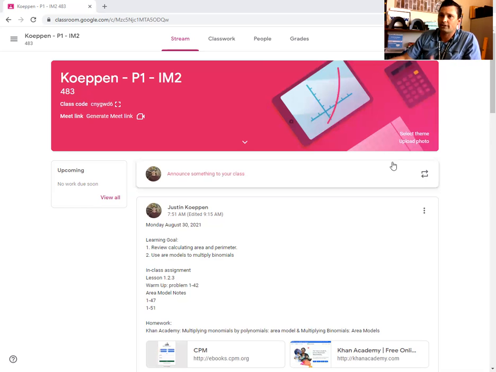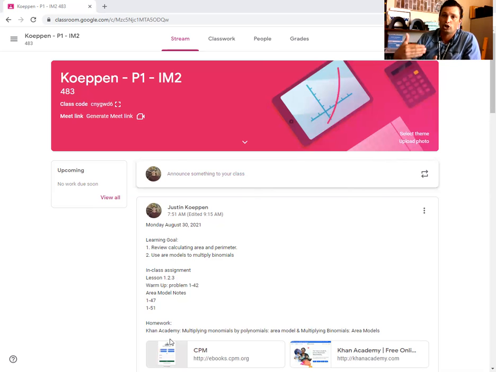What I want to first direct you to is the Google Classroom. If you're ever interested in what's going on in the classroom, this is the best starting point. Every single day, I post the date, the learning goals for the day, the in-class assignments, and the homework. This is very transparent.